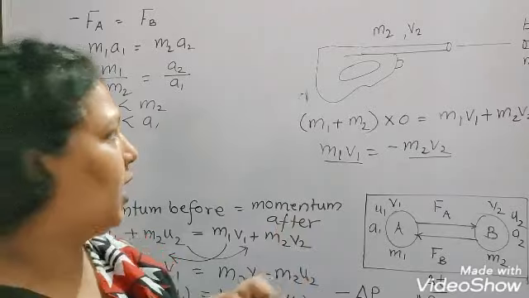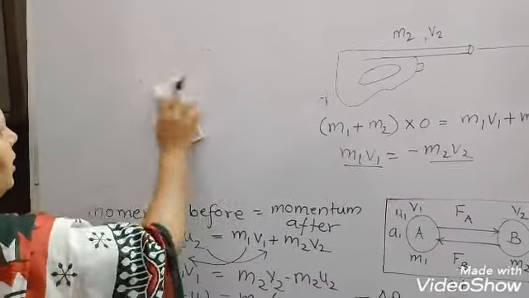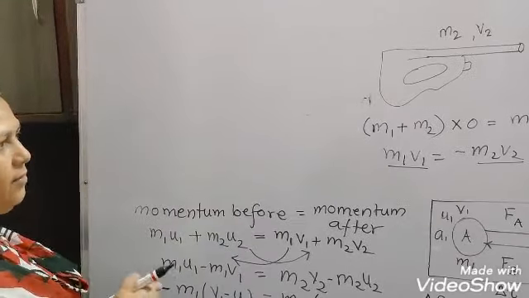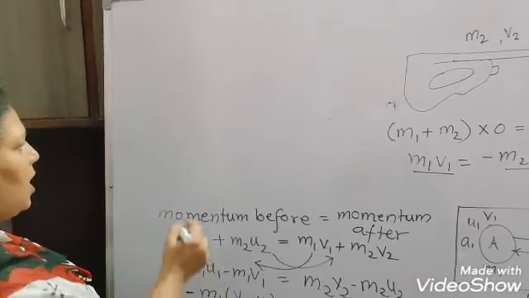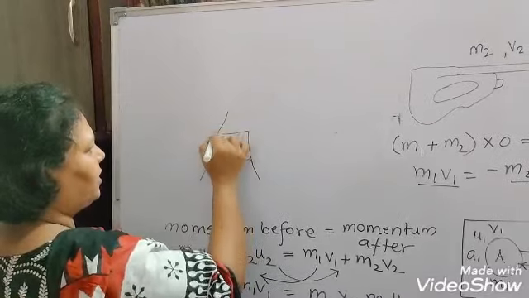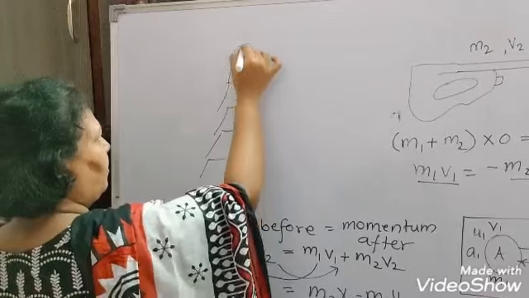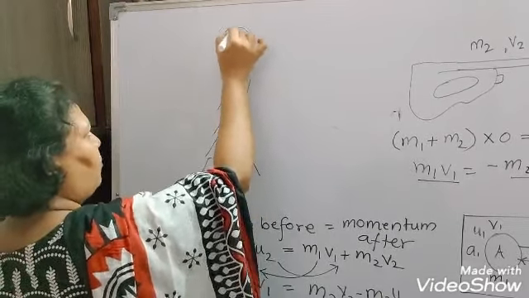One more example you can see here is rocket propulsion, and it is a very interesting example. Whenever we launch rockets, they have many chambers like this. In these chambers the fuels are there, and at the top of the rocket the object which we have to project is kept.